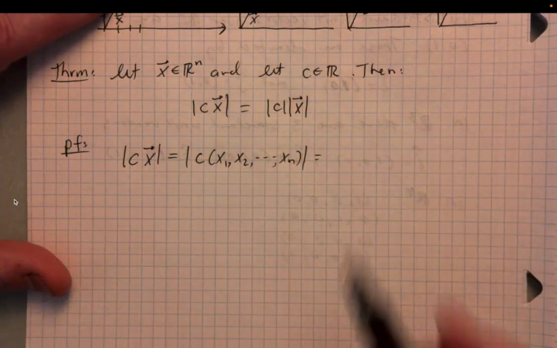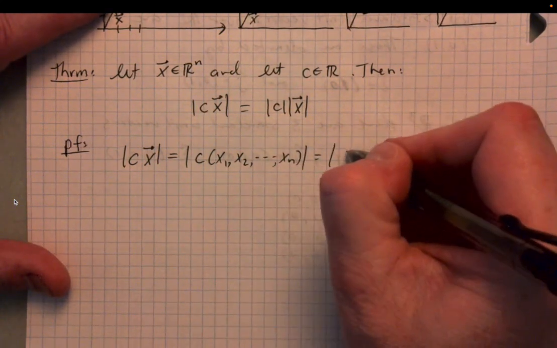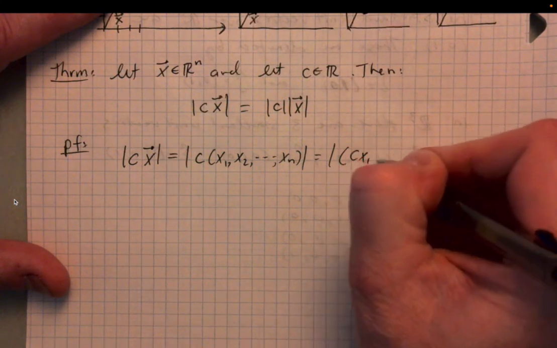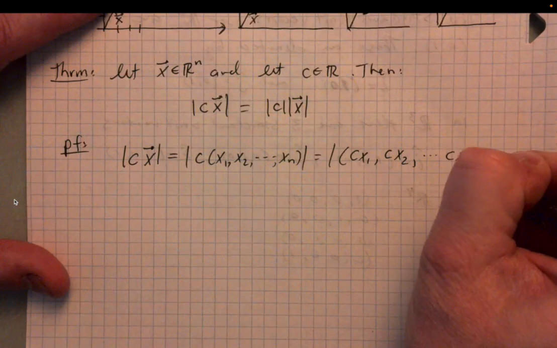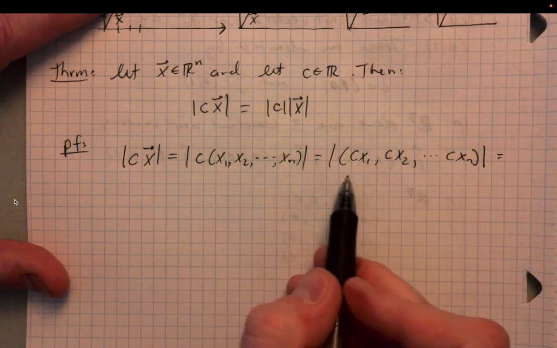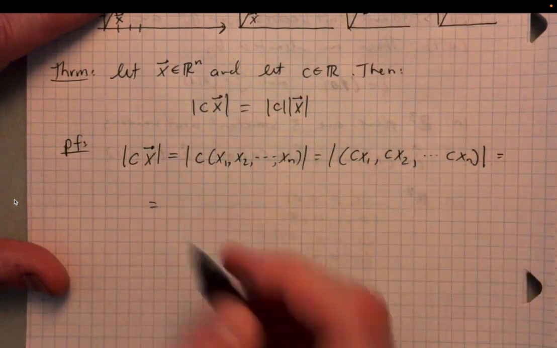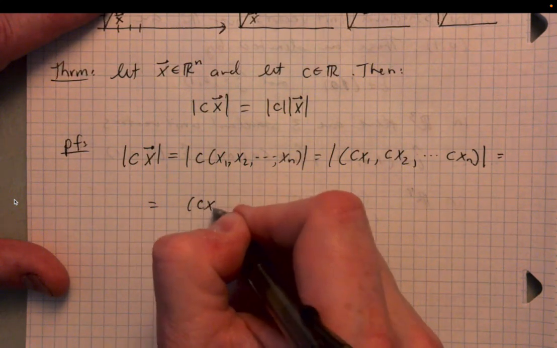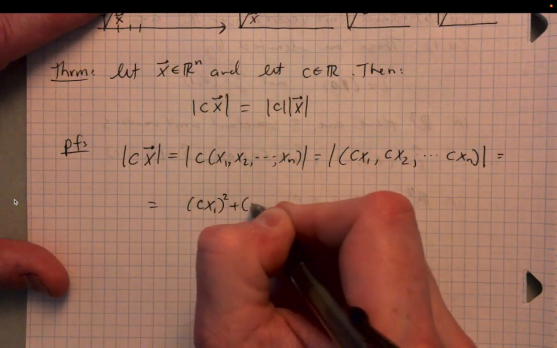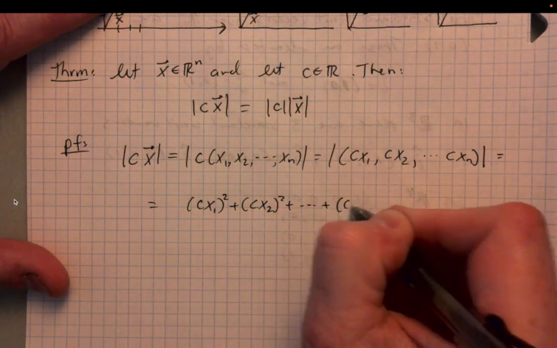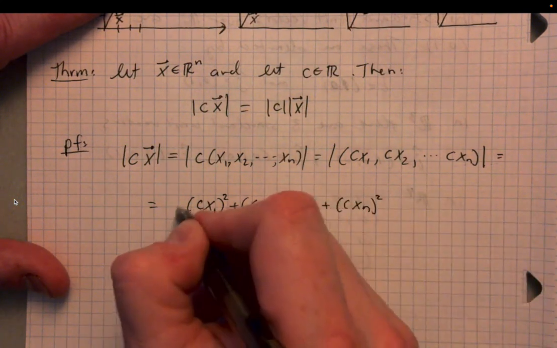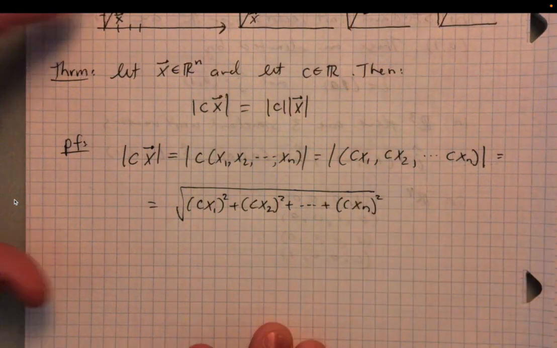We know what scalar multiplication means: that's the vector (cx1, cx2, ..., cxn). Can we take the norm of this vector? Sure: the square root of cx1 squared plus cx2 squared plus ... plus cxn squared.